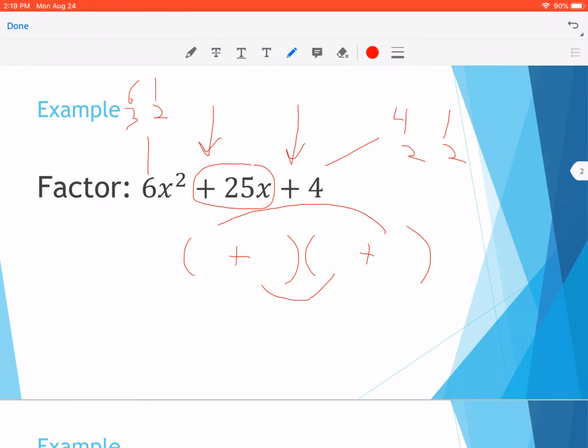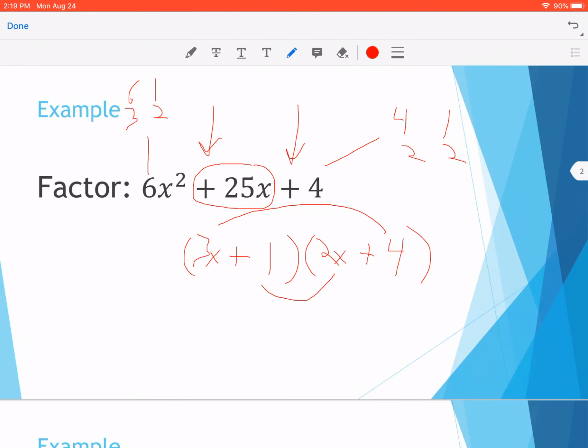So maybe it's 3 and 2. So that would be a 3x and a 2x. Maybe it's 4 and 1 or 2 and 2, but if I put a 4 here and a 1 here, the best I'm going to get on the outside is 3x and 4 is 12x, and the best I'm going to get on the inside is 2x.